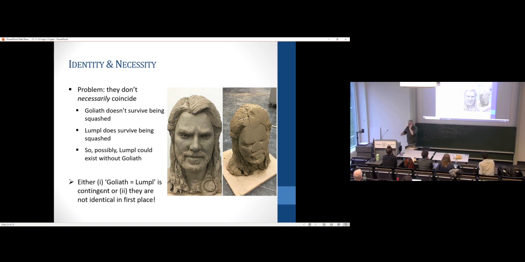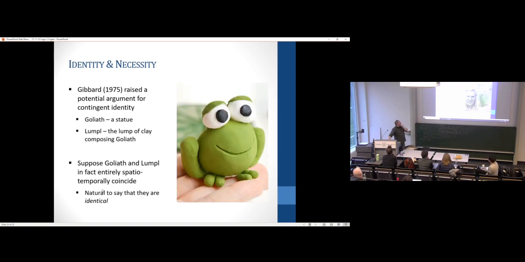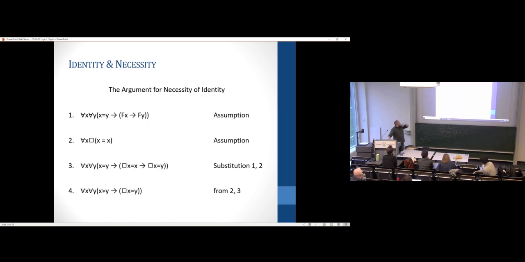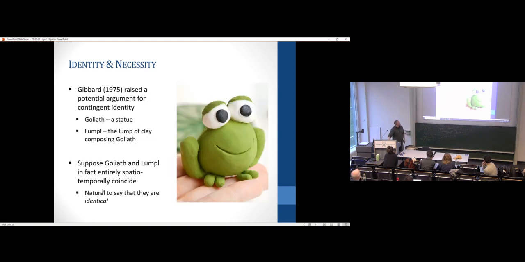Note the tension here is really interesting because, to go back a few slides, we have this argument which is lovely and actually incredibly simple. And this entails that identity claims featuring names are necessarily true if true. But this case suggests that there are possible scenarios where you have a true identity claim, Goliath is Lumpel, that are merely contingently the case.